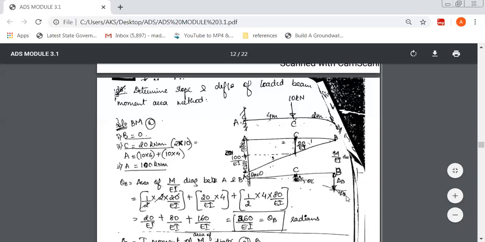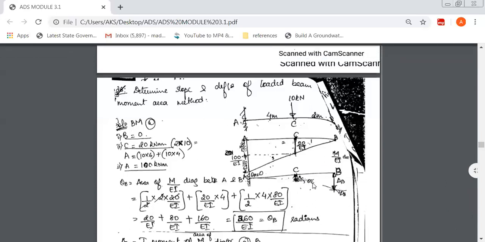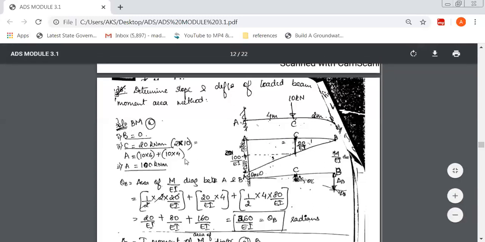That will give you theta B. Similarly, at C, just draw a tangent like this, that is a straight line. Then that will give you theta C. So you have to find all the four quantities now. When you find the four quantities, again things are simple. You have to use the first two theorems to find out theta B and theta C, delta B and delta C. Okay, so let's start with this.